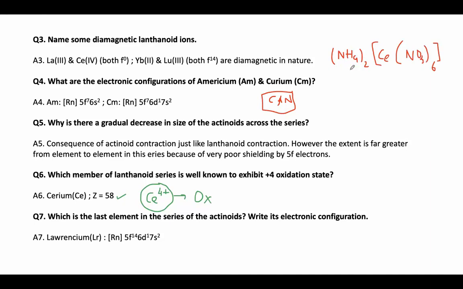Here you can see there are 2 NH4+, so the charge of the anion is -2. If we take the oxidation state of cerium as X, and we have 6 nitrates, which are mononegative ions providing a total of -6 charge, and the total has to be -2, then X is nothing but 4.